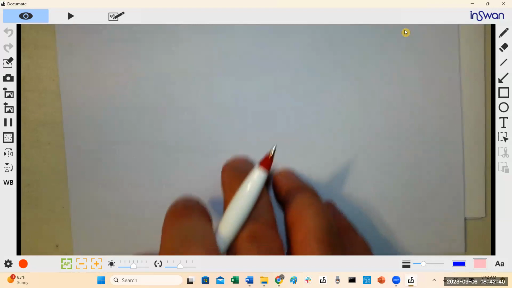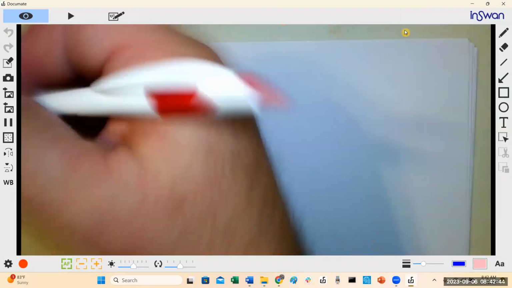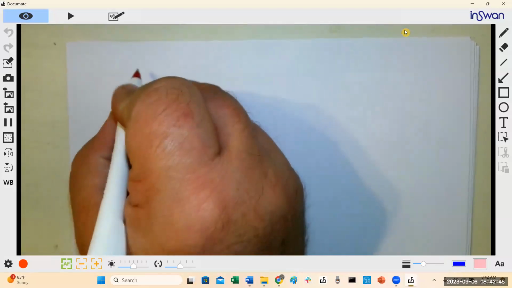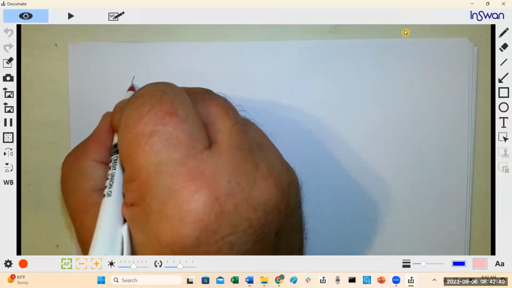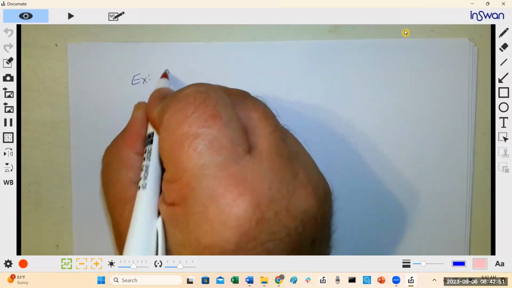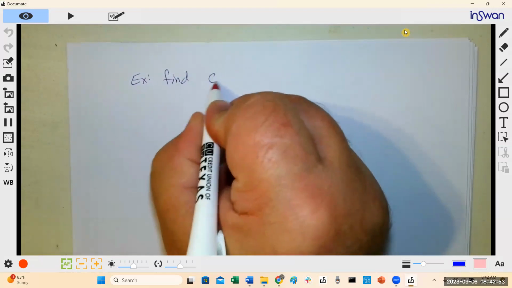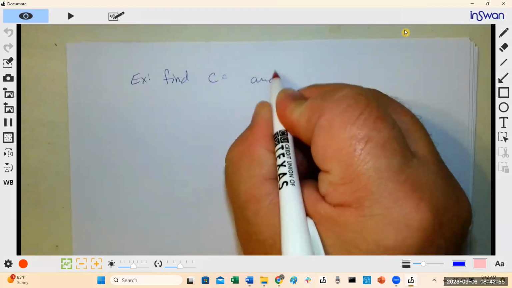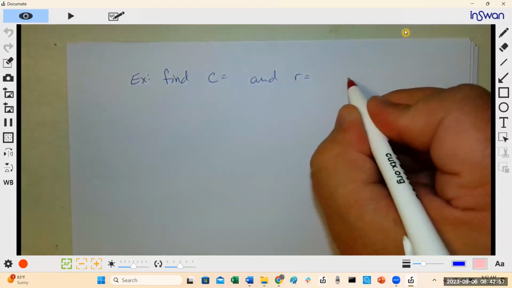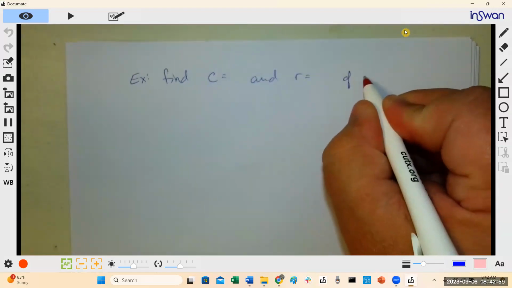Let's do an example of that. Okay, an example. Find C and R of the following.